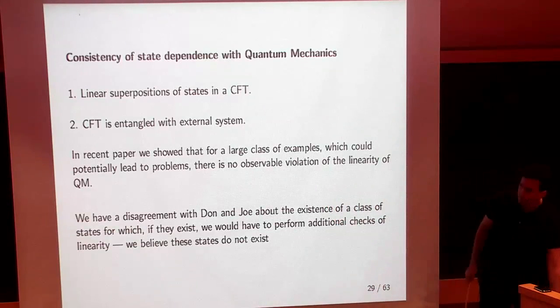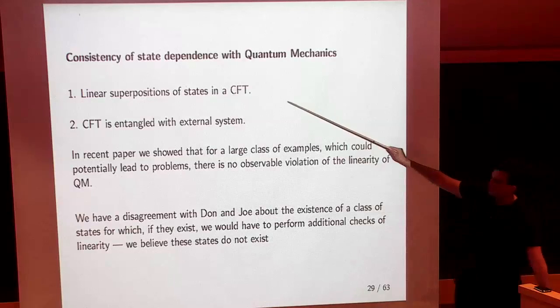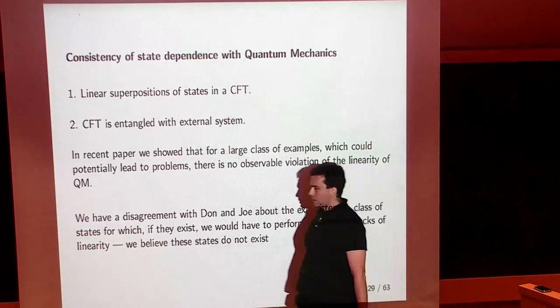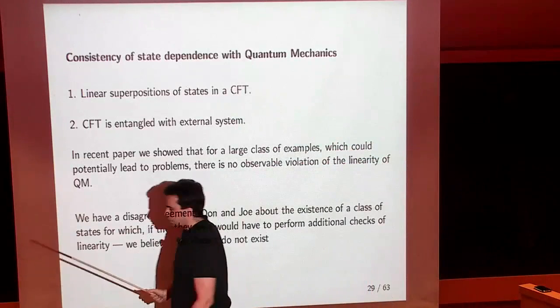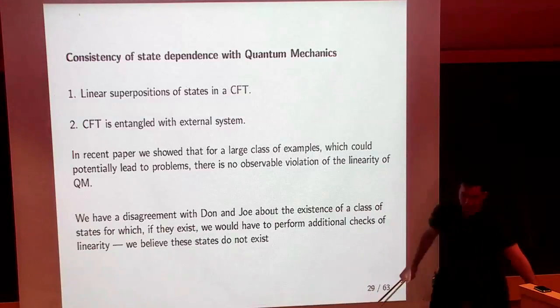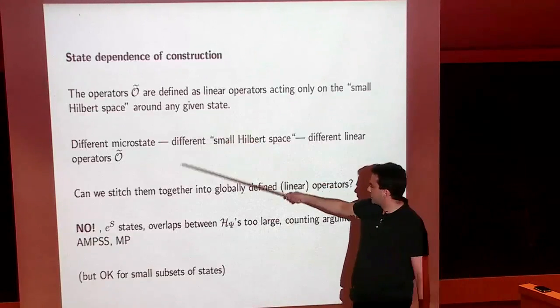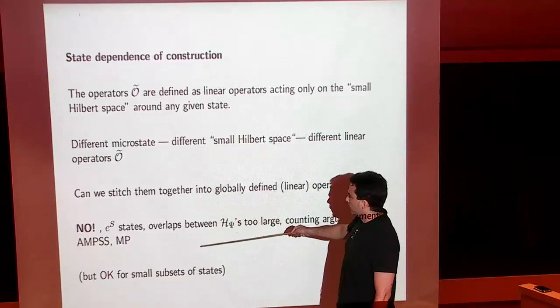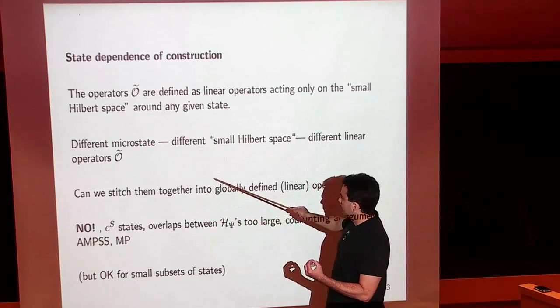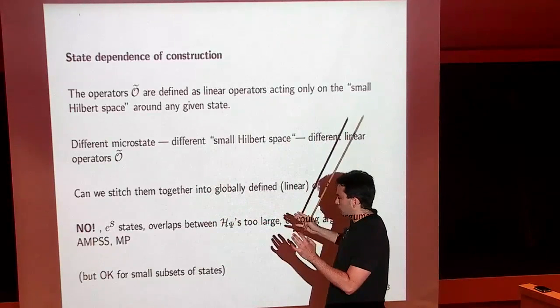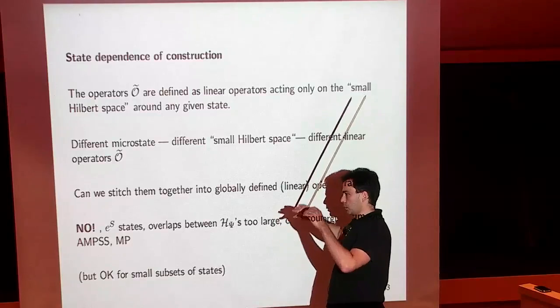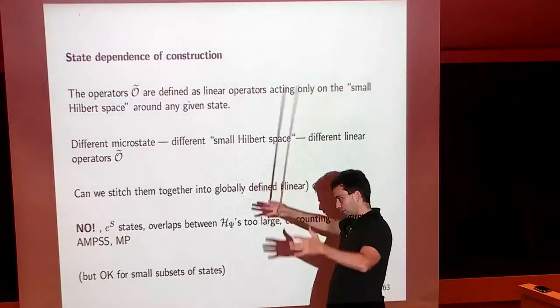But could you explain the first paragraph there? A few slides ago, I said that if you take a small number of states, it is possible to promote these operators into global operators acting on the union of the states.